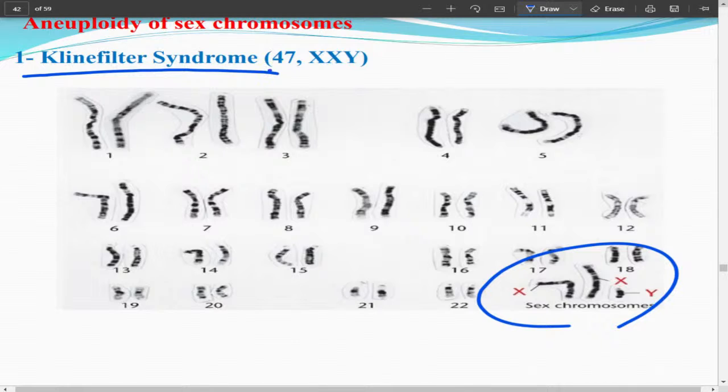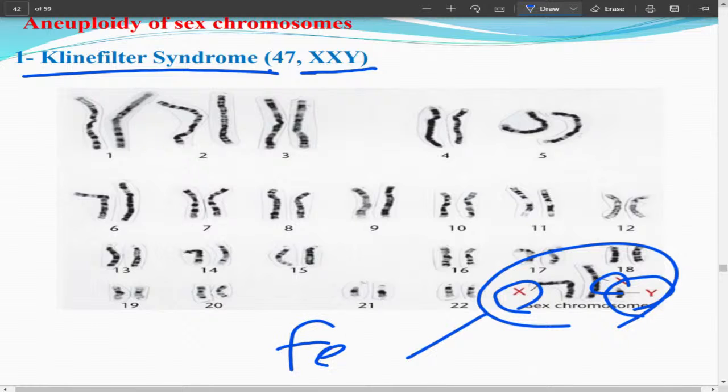Here the sex chromosomes have another X or a Y chromosome in addition, such as two X chromosomes and a Y. In this case, a female having an additional Y chromosome in the sex pair of chromosomes.